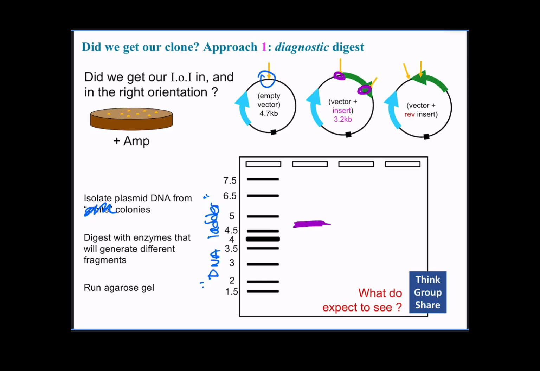So now this vector plus insert has two sites for this restriction enzyme. So after the digestion, how many fragments of DNA will you have? Two. And what will be their sizes?